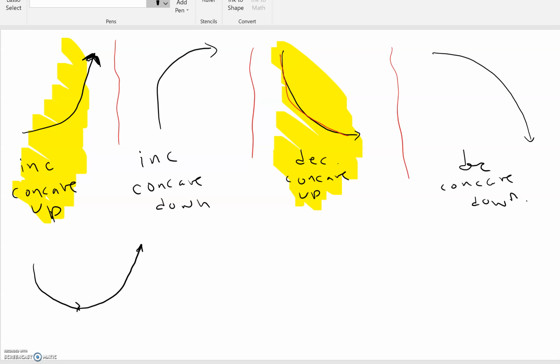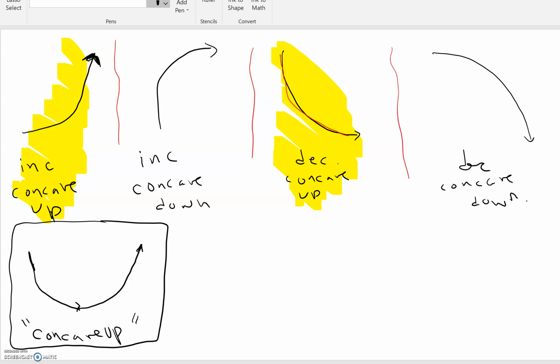So what you have is just pure concave up. Part of it is decreasing concave up, and the other part is increasing concave up, but overall this is the concave up picture. But you have to remember that you can break this into decreasing and increasing parts, okay? That's why sometimes you hear people describe concave up as holding water or like a cup.